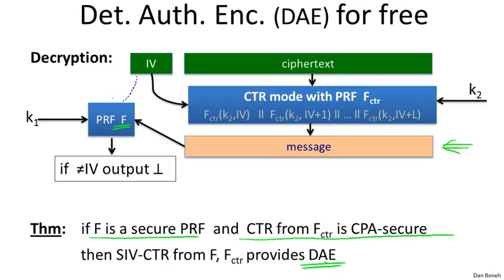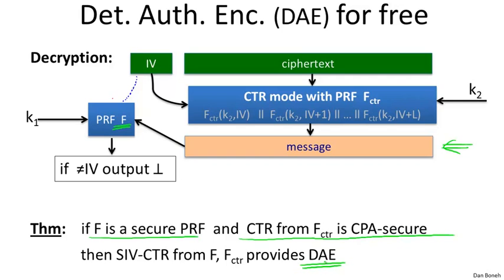Now, the proof for this is not too difficult. In two sentences, let me show you the rough intuition for why this is true. All we have to argue is ciphertext integrity, since we already argued before that the system has deterministic CPA security. Let's think again about how the ciphertext integrity game works.